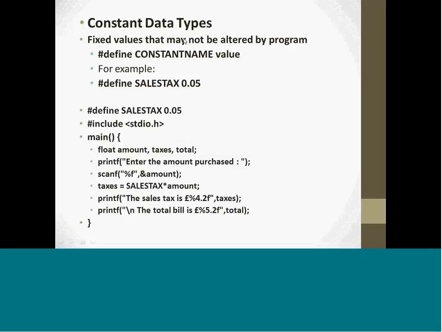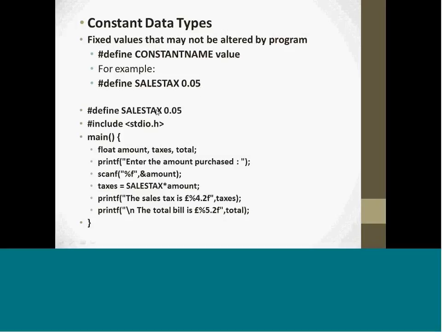A constant is a value that is not going to be changed by the program. To declare a constant, you use the format define, the name of the constant, and the value. For example, if you want to define the rate of a sales tax, you define sales tax equal to 0.05.